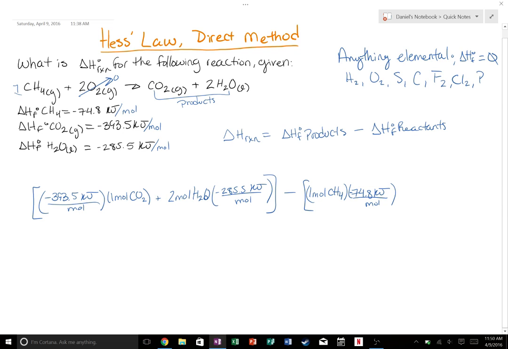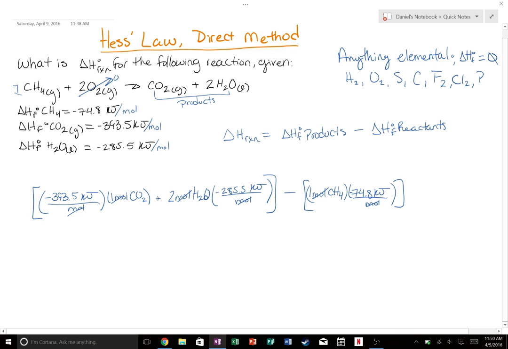So we know all the reactants, the delta H of the reactants is going to be equal to the delta H of methane. So we're just going to leave this like this. Right, and if you notice here, moles cancel out all the way through. So the units that we should be left with is kilojoules, which is exactly what we want to be in. All right. So if you plug this into your calculator, let's go and do this one step at a time.